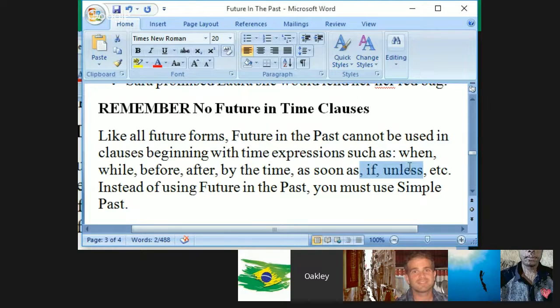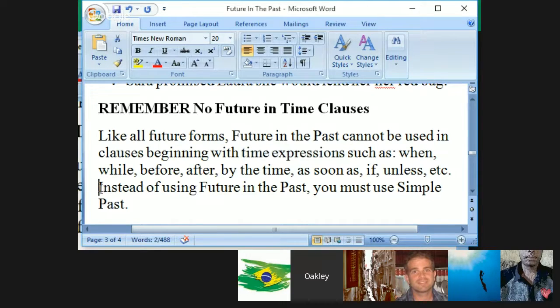Yes, if and unless are considered time expressions, just so you know. We can never use a future tense in any clause or sentence that begins with any of these time expressions, and there are more than we can talk about right now.